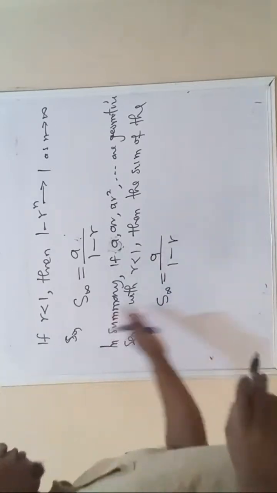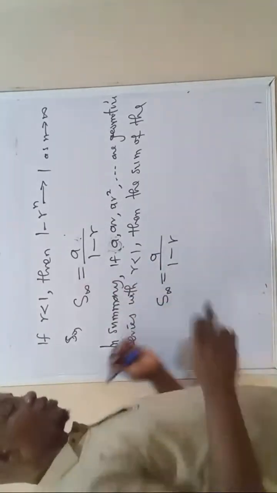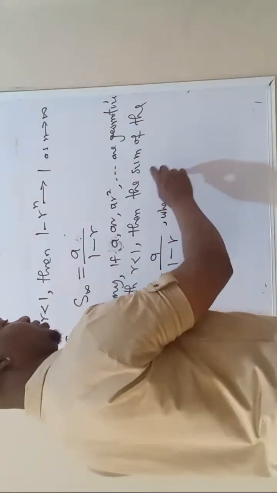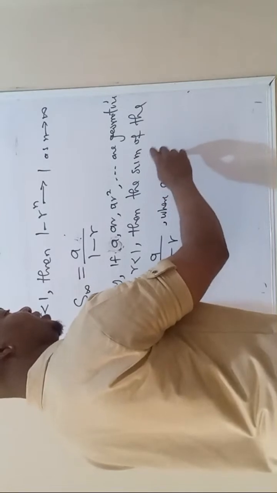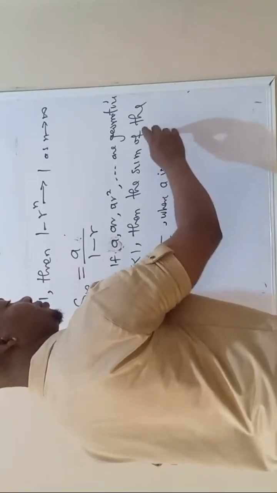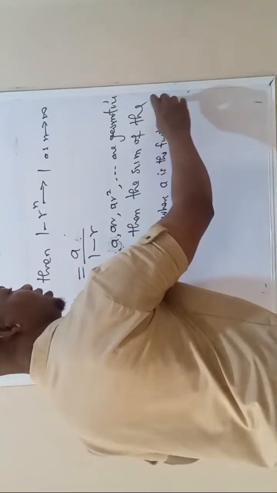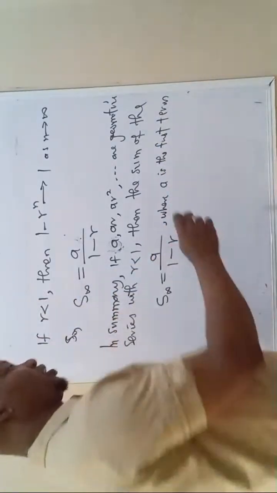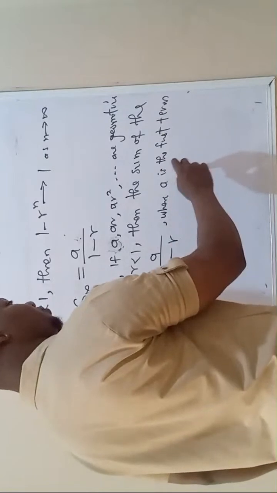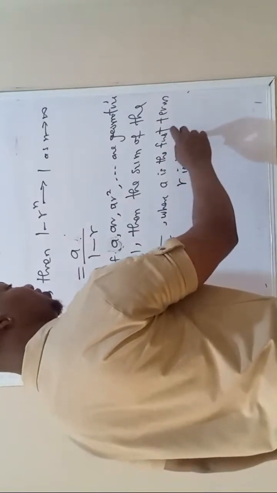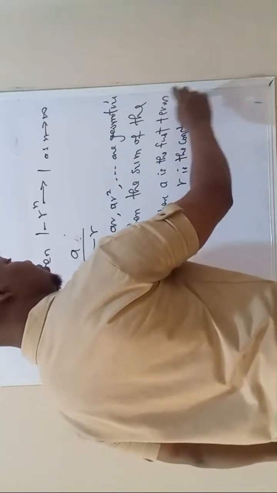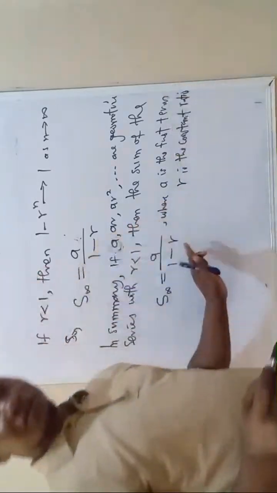So this is the formula for finding the sum of the series here, where a is the first term of the series, and this r is the constant ratio.